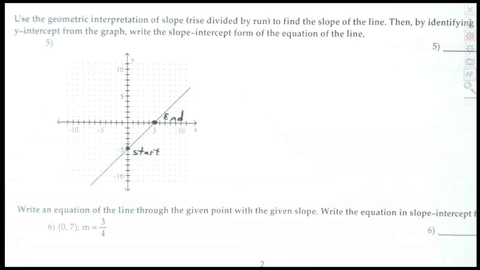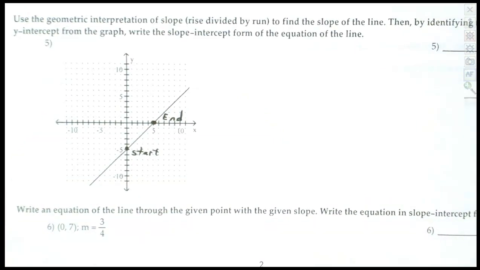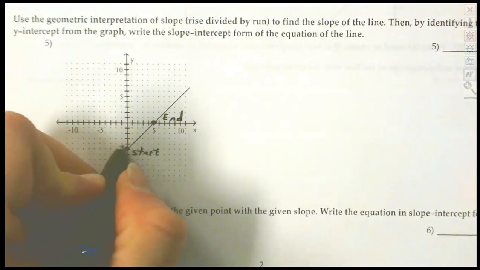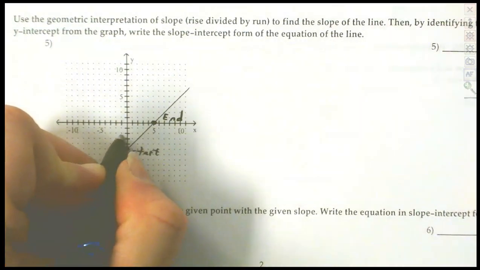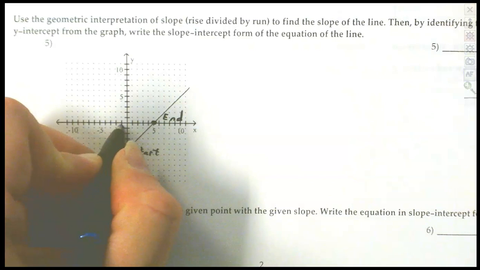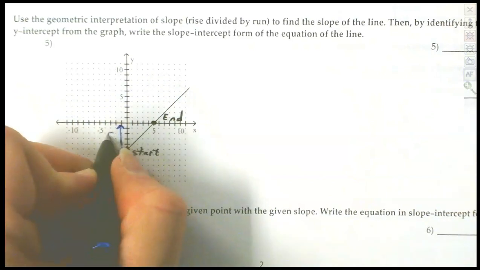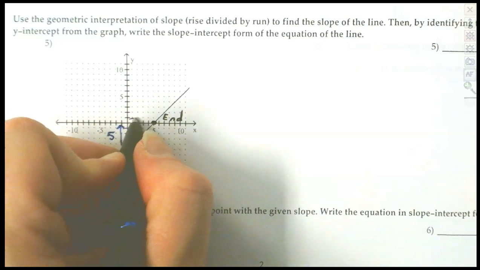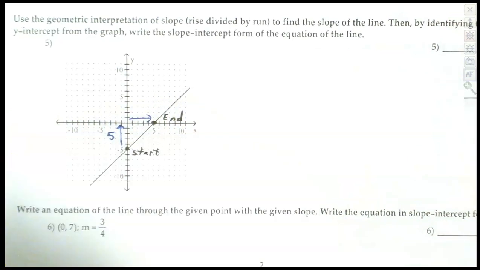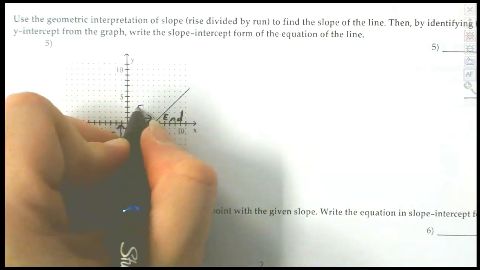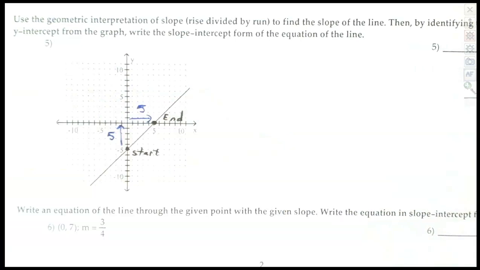To get from the starting point to the ending point, and you could do it either way, you'll get the same result. You're going to have to go up 5 units, and then you're going to have to go over, also it looks like 5 units. Is everyone okay with that?